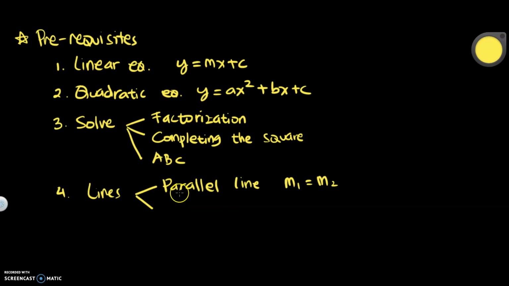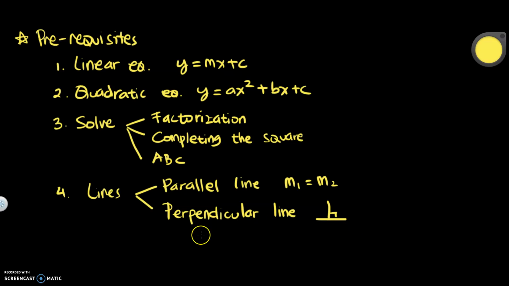Now also you have to know about perpendicular lines. A perpendicular line pair is just two lines that are perpendicular to each other, or you can say they create 90-degree angles with each other.